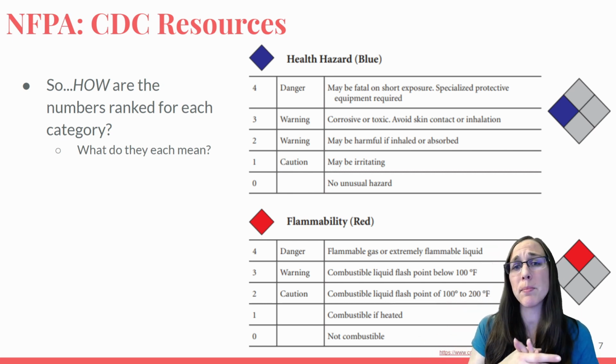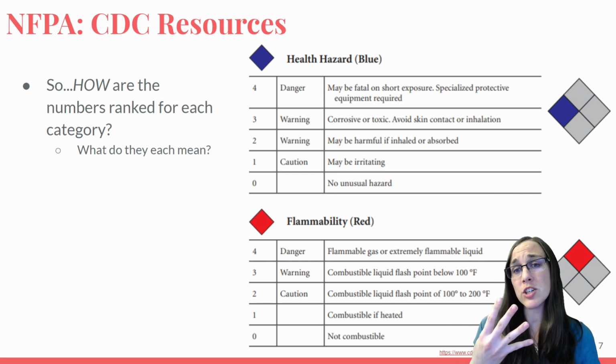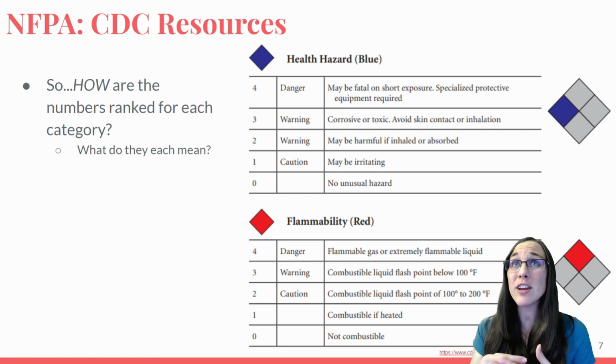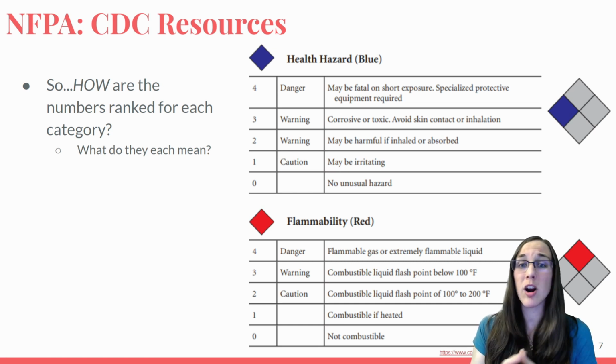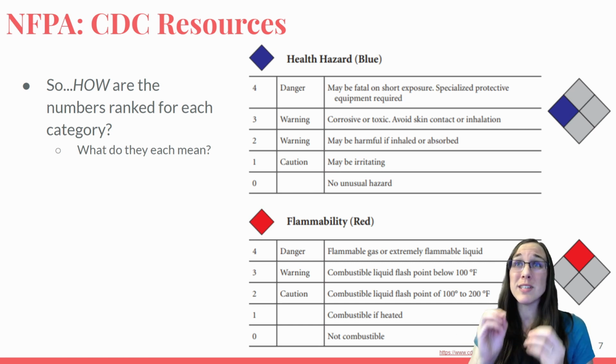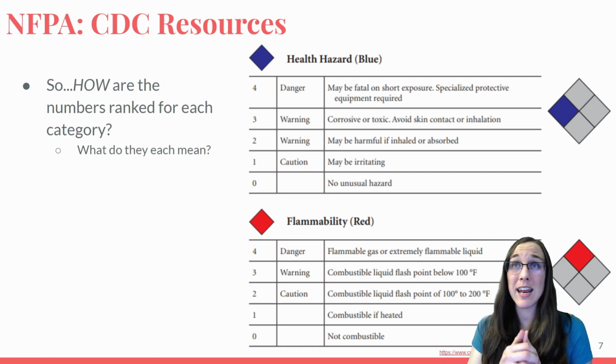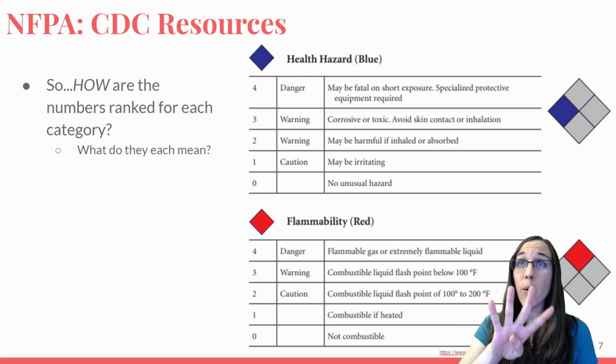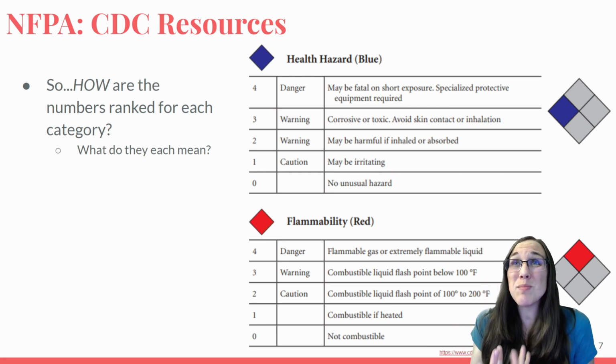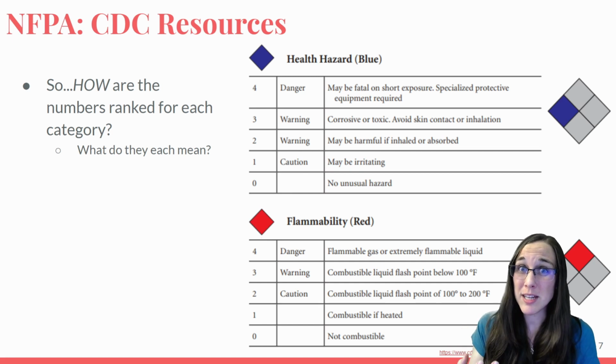If we're starting in blue, which is our health hazard, if there was a 4 in the blue region, that would mean danger, or it could be fatal, even on short exposure. You're going to need special protective equipment. So let's say the firefighters are rushing in to save someone in a building that has one of these NFPA labels on the door with a 4 in the blue region. They need to make sure they are wearing special equipment so that they can go home and see their families that night.